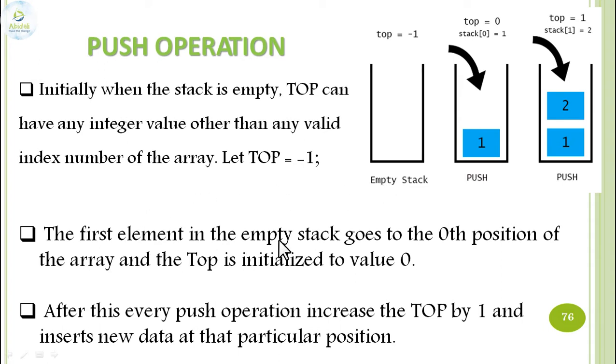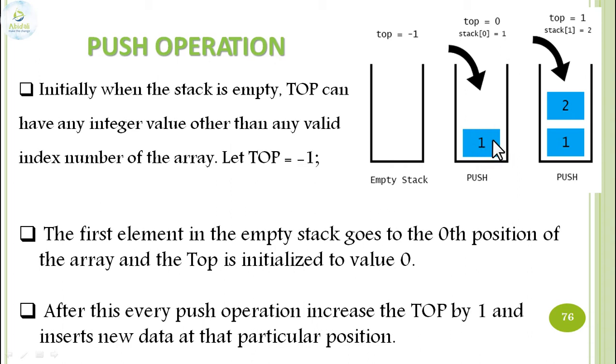The first element in the empty stack goes to the 0th position, as you can see here. Top will be increased by 1, so -1 increased by 1 becomes 0. If the name of the array is stack, we will insert stack[0] = 1, that is the element that we need to insert.